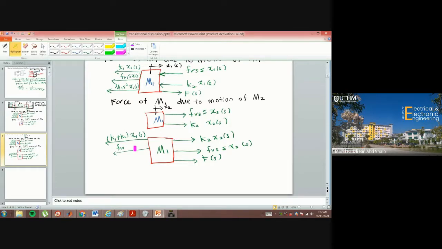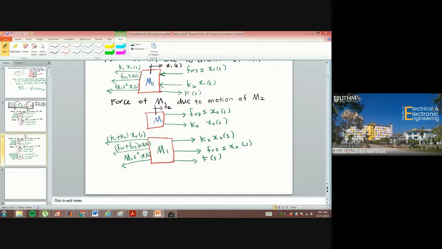FV1 plus FV3 times S times X1 S. Some more we have M1 times S square times X1 S.